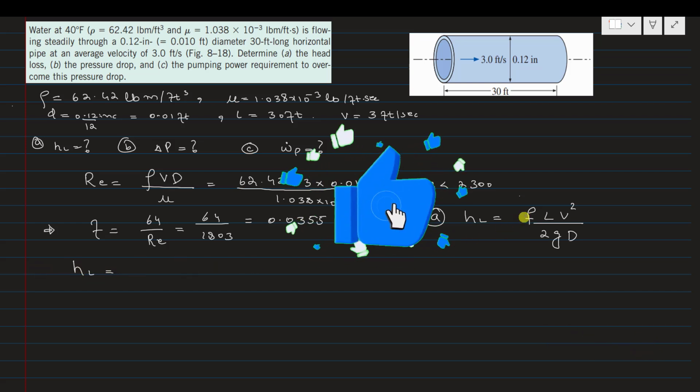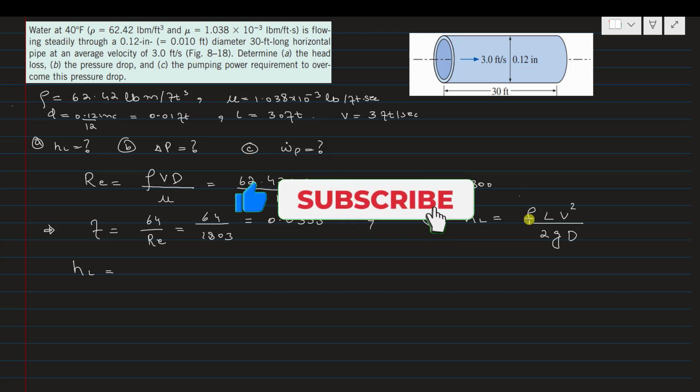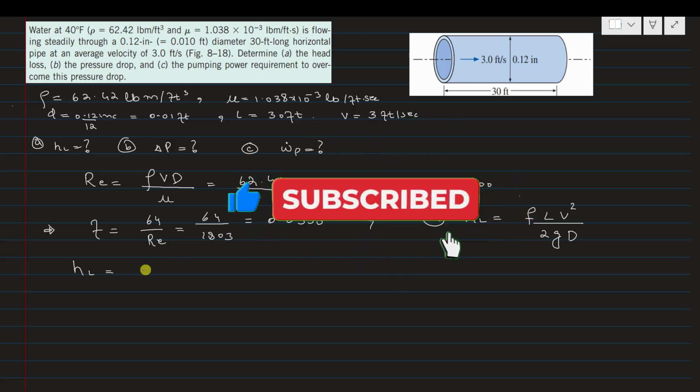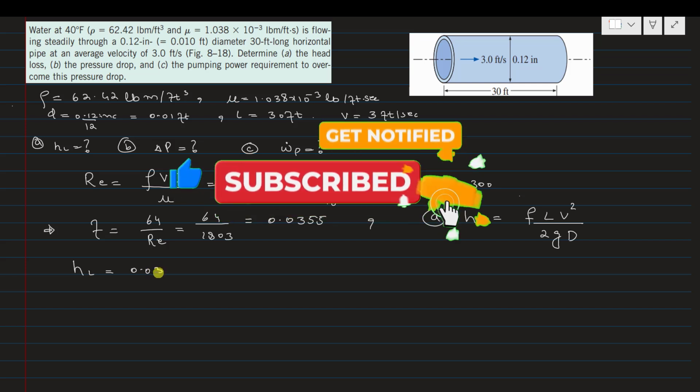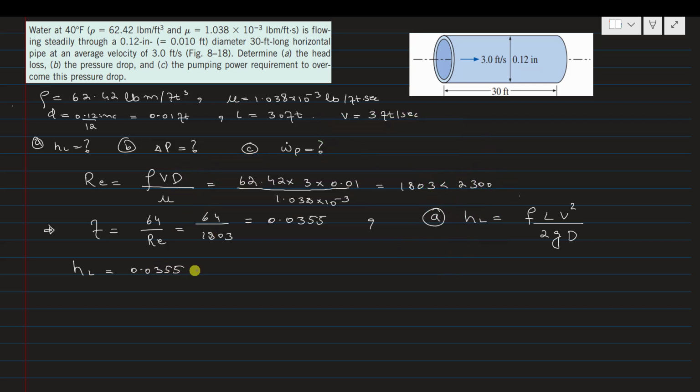Then it will be equal to the friction coefficient, 0.0355, multiplied by length, that is 30 feet, multiplied by velocity 3 square, divided by 2 multiplied by g.